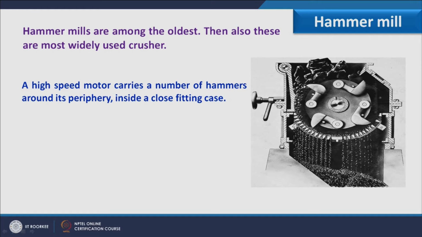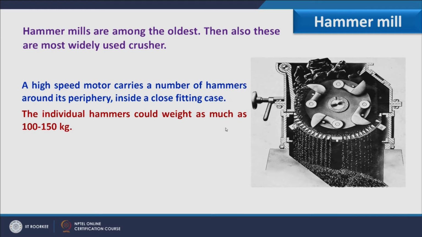When material comes from the top and the disc is rotated, due to rotation these hammers are in a hanging position, which put impact on the material falling between this plate and the hammer. Due to this impact the material gets crushed, and the crushed material comes out from this side. So you see the coarse feed comes from the top, crushes due to impact action, and exits the machine from the bottom.